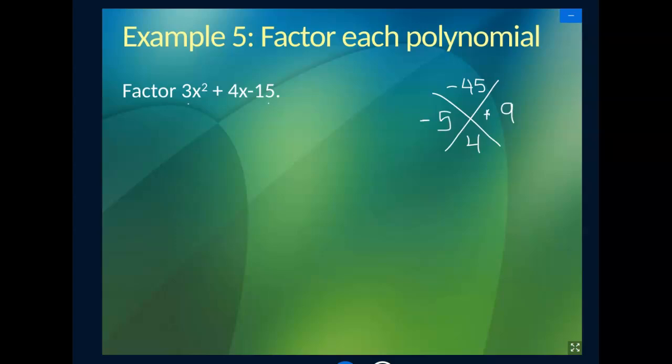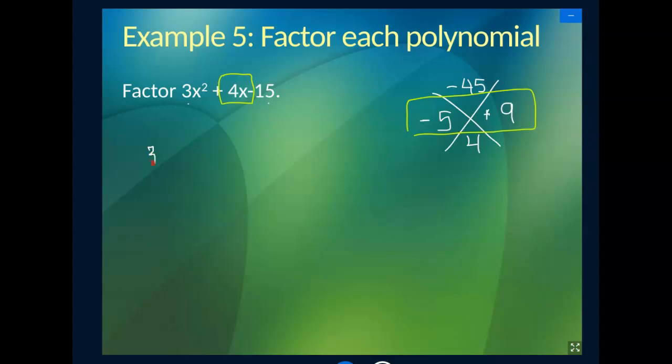Now, on the last 3 problems, since the a value was 1, those numbers just became the numbers at the end. That does not work now. So what we do is we take these two numbers and we replace the middle term. You're going to see where I keep going with this reverse FOIL in a minute. Be patient. The first one's a little tricky. So we take both of those and we replace this.